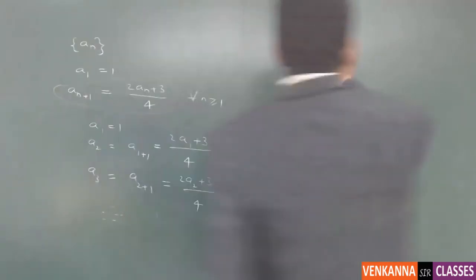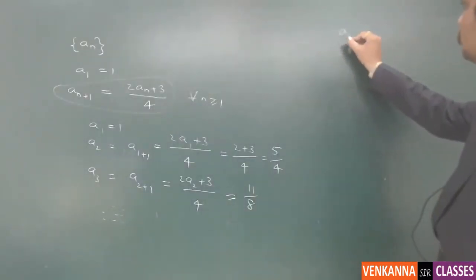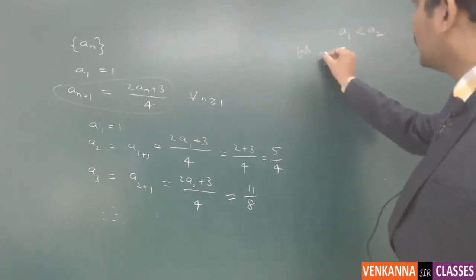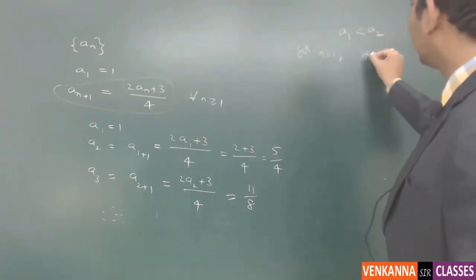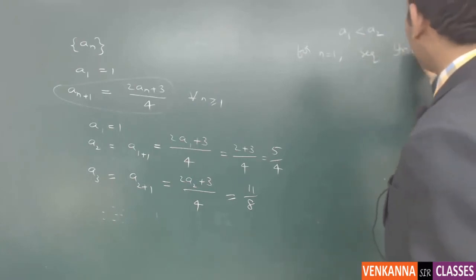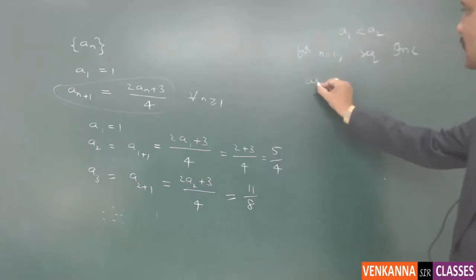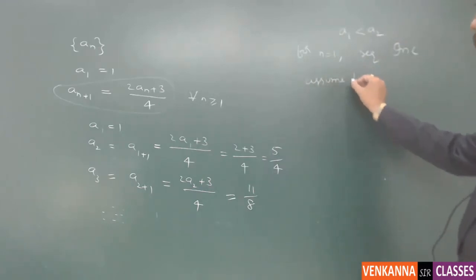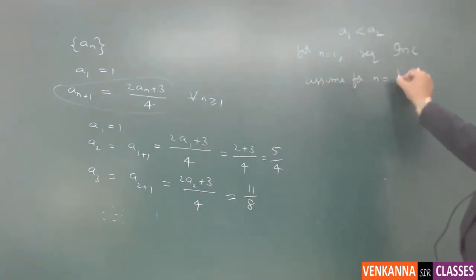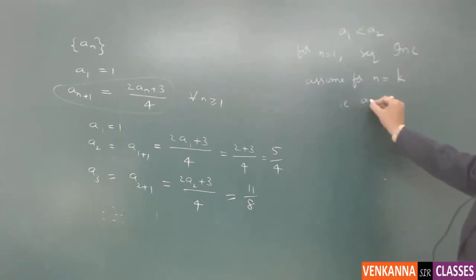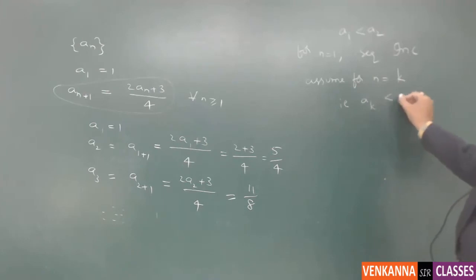So we have, for n is equal to 1, the sequence is increasing. I am applying the mathematical induction. So you assume for n is equal to k, that is ak is less than a(k+1). Accepted?